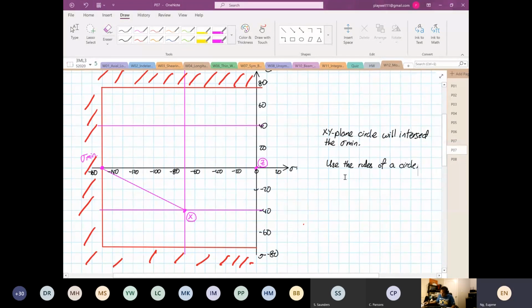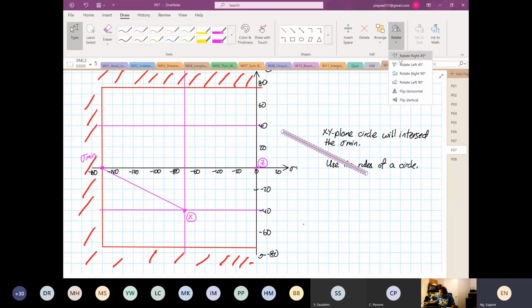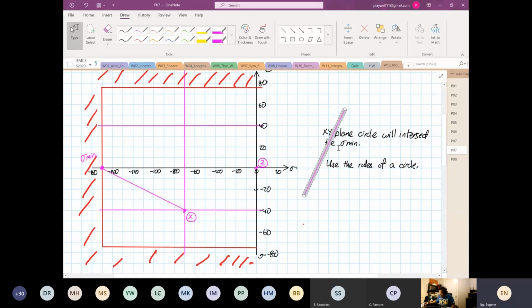I'm going to copy this point, paste it, and rotate it by 90 degrees. And the rules of the circle state what? Any point on the circumference of the circle, this has to be 90 degrees. Yes or no?